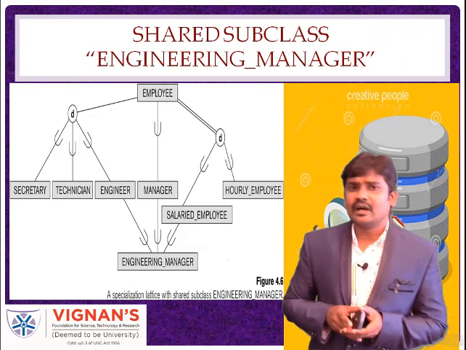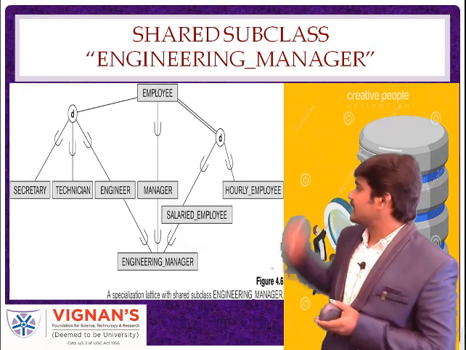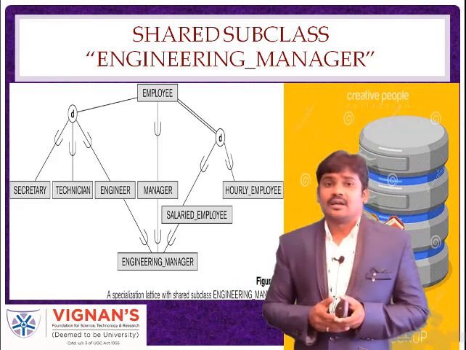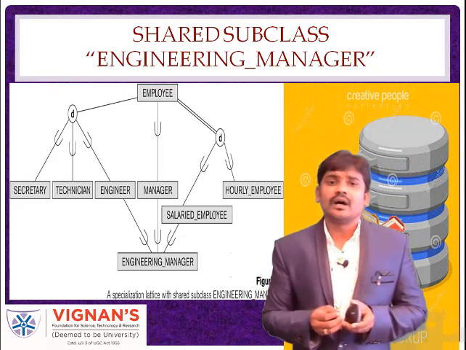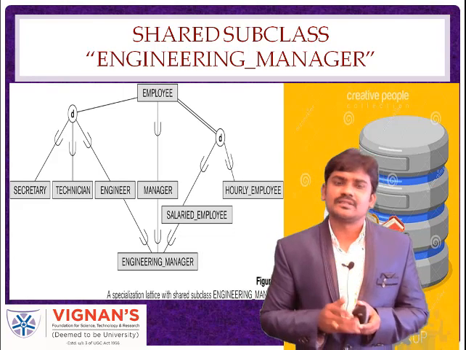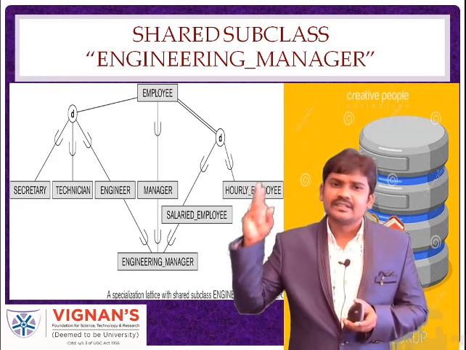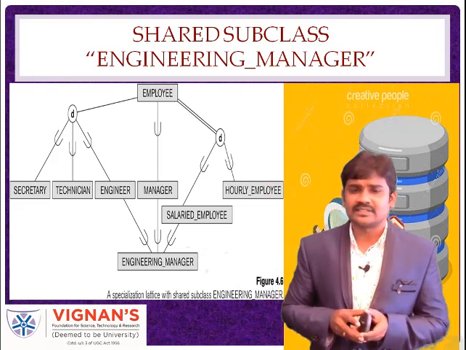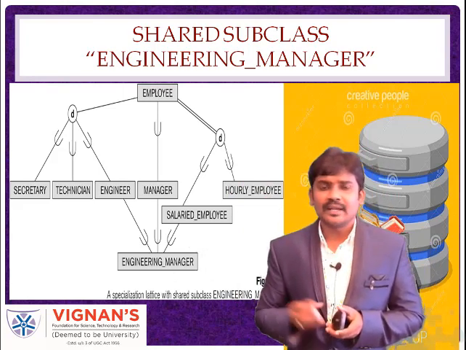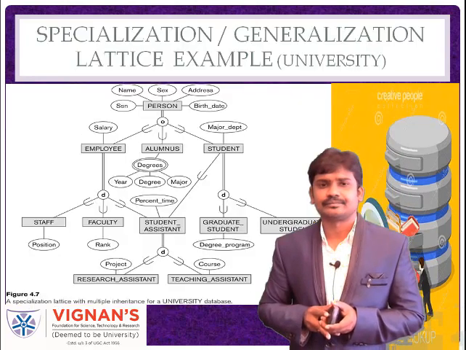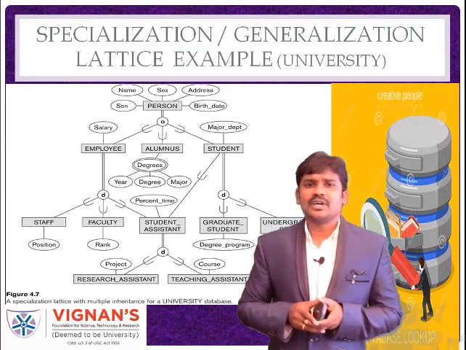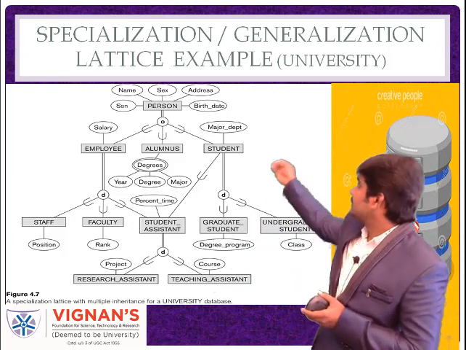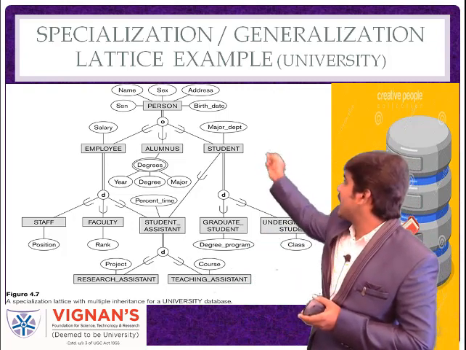Here see the shared subclass example. The engineering manager is the subclass having three superclasses: engineer, manager, and salaried employee. So that is a shared subclass, nothing but multiple inheritance. Here we can observe a lattice example of a university. A person is there with specific attributes.